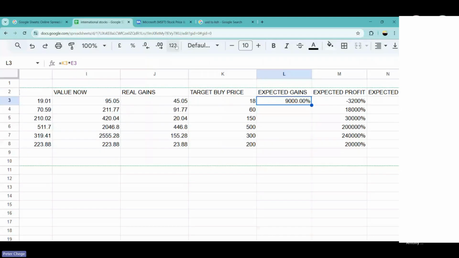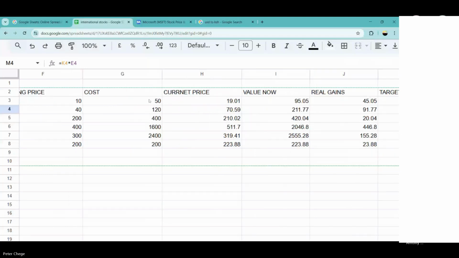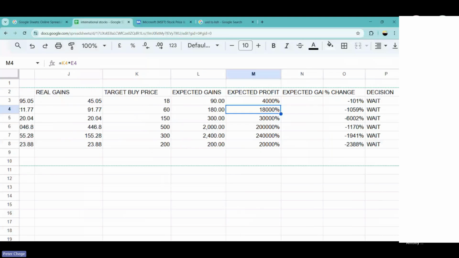So drag down, then expected profit will be the expected gain minus cost. Again, remove decimals. We have that. So you can remove this there.